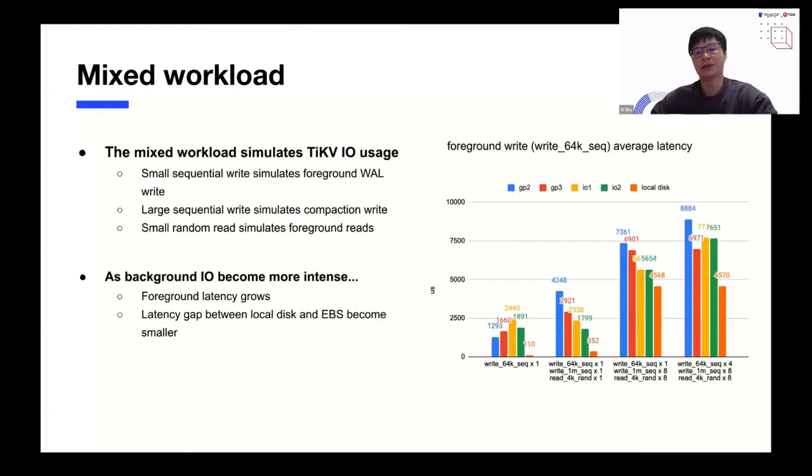With this benchmark, we see that as we have a mix of workload, and especially when we have more intense workload against the disk, the latency gap between EBS and the local disk actually becomes smaller.